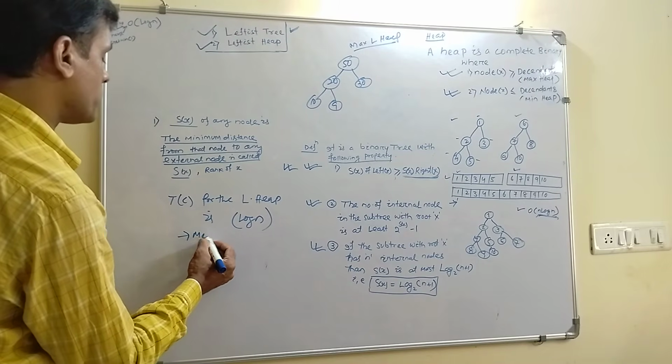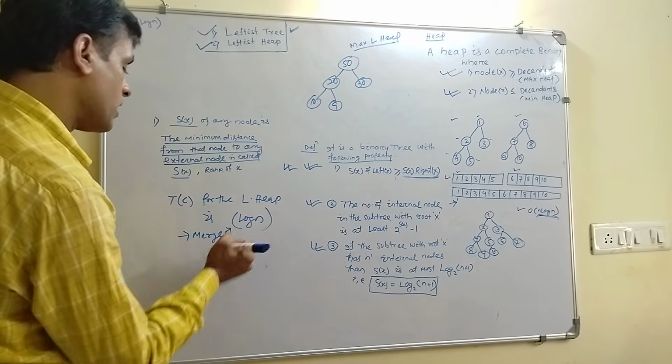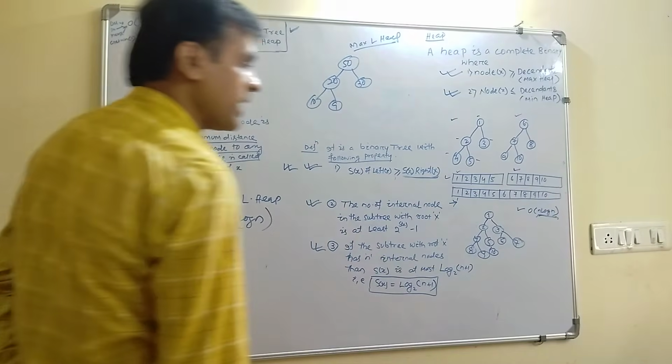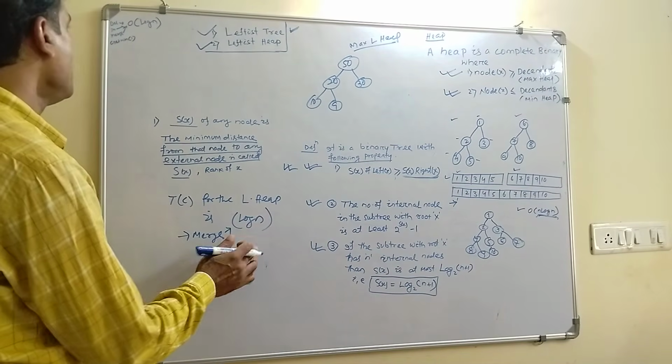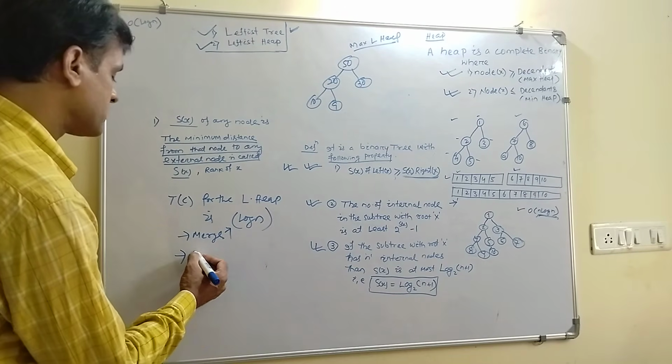That is for your merge operation. For the merge operation in a leftiest heap, it is taking log n. For the merge operation in a normal binary heap, it is taking order of n log n. This is reducing time. And in the case of deletion also, insertion also, it is taking the same time.